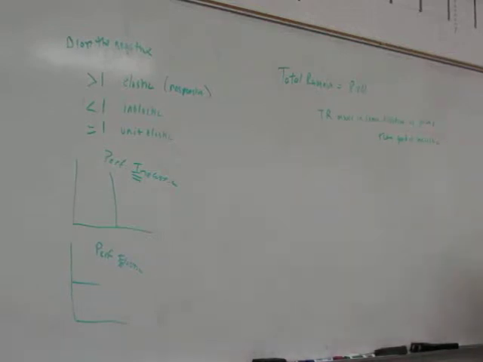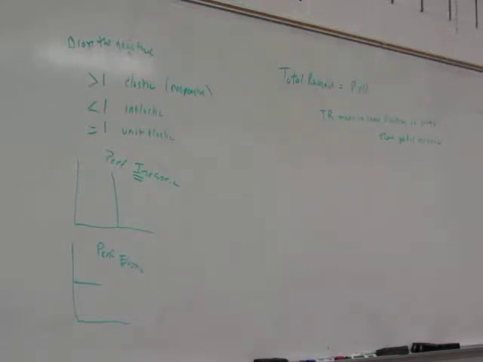So for example, if your medicine goes from $5 a bottle to $500 a bottle, and your revenue goes from $10,000 to $500,000, you know it was inelastic. Price went up a lot, but people are still buying it.